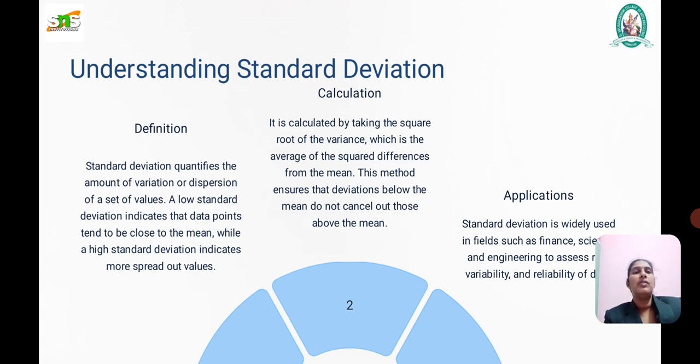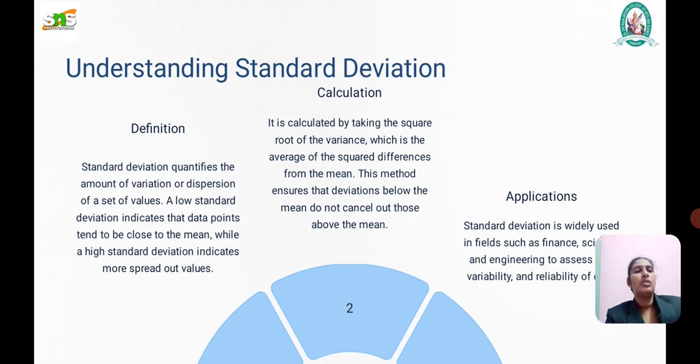The standard deviation is the square root of the variance, and the variance is the average of the squared difference from the mean. The formula for the standard deviation is sigma equal to root of summation x square by n minus summation x by n, the whole square.